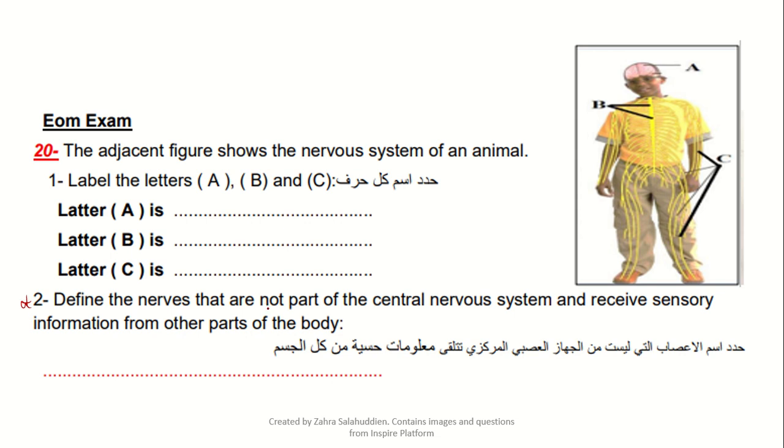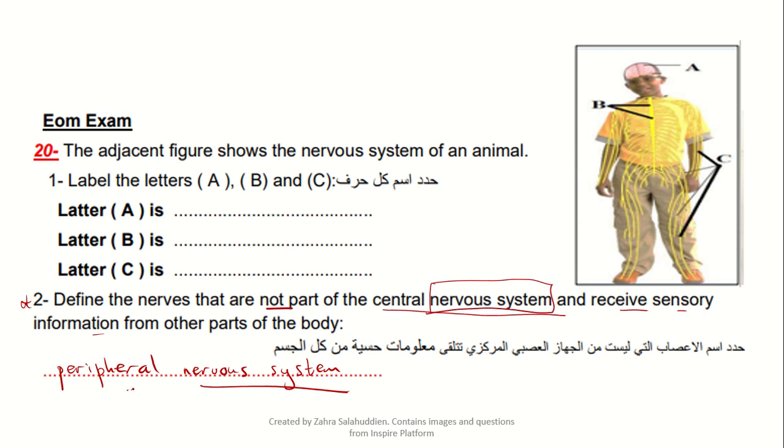Define the nerves that are not part of the central nervous system and receives sensory information from other parts of the body. So what do we call the nerves that are not central? We call them peripheral. Okay, this word, nervous system, the spelling is over here. You just have to learn the first section.